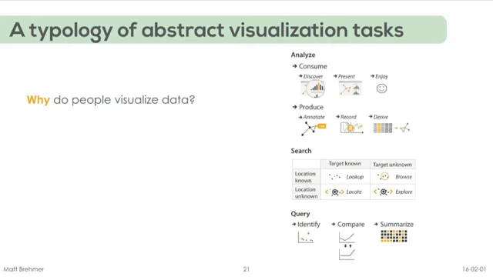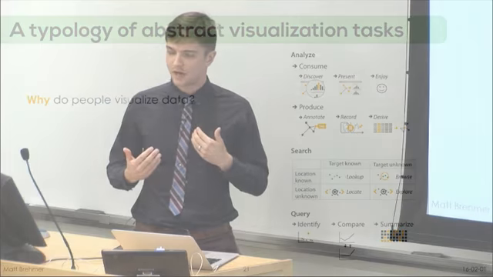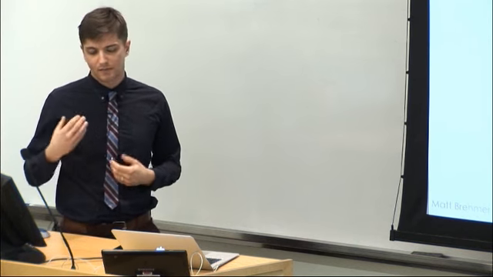So in addition to this distinction between consume and produce, we distinguish between how people search for visualized elements, as well as how people query the data in a visualization artifact. And this allows us to specify why people visualize data at multiple levels.